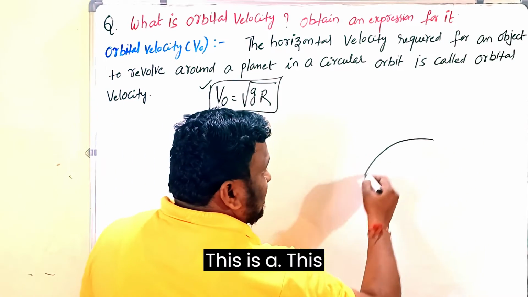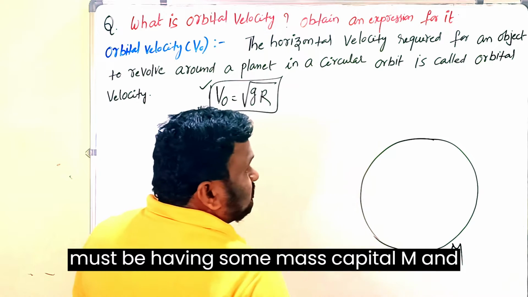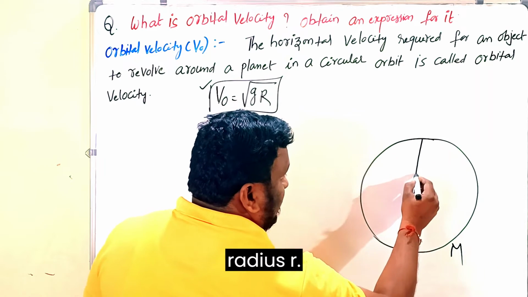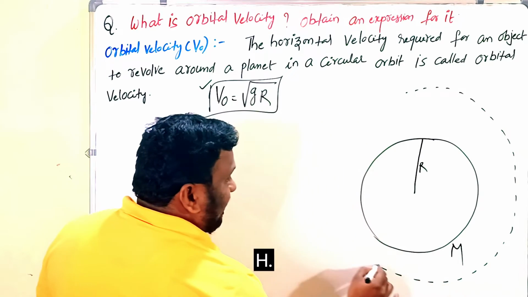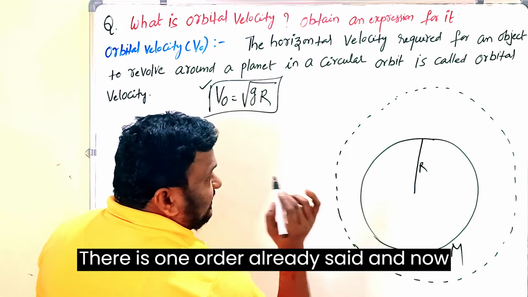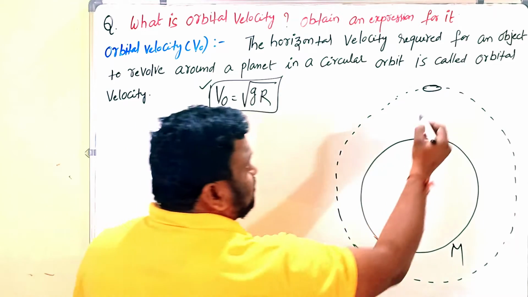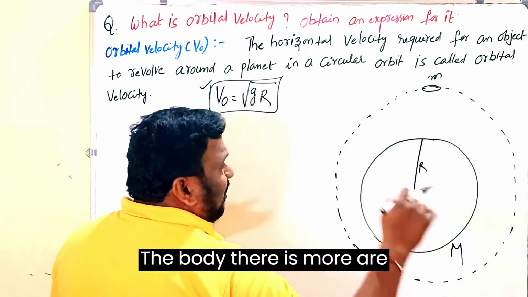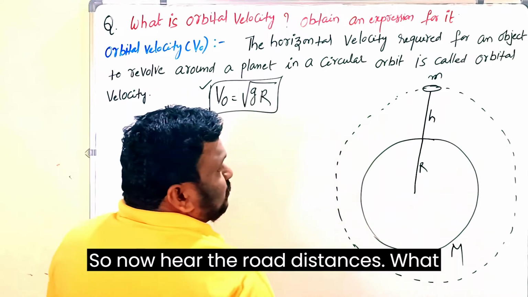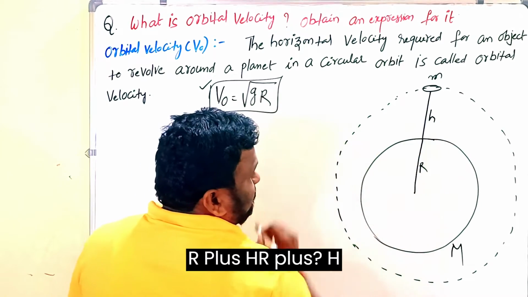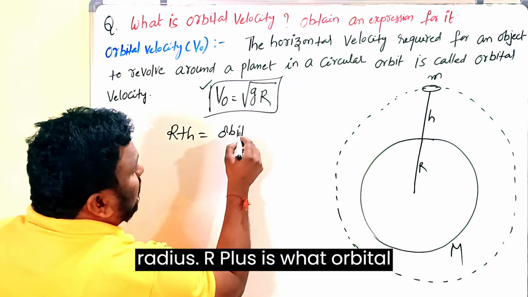Here we are taking the earth, which has some mass capital M and some radius R. At a height of h from the earth there is an orbit, and the body, either a moon or a satellite, has some mass m. So the total distance is R plus h, which is the orbital radius.